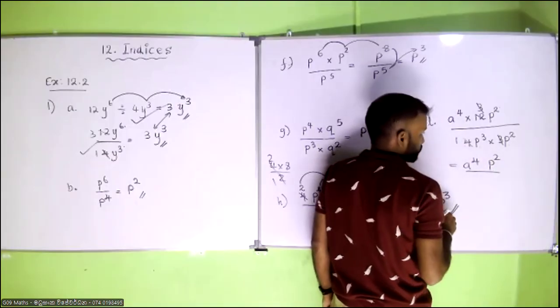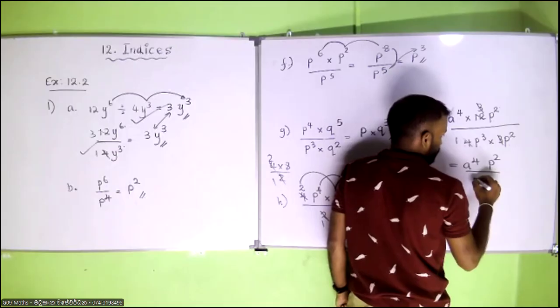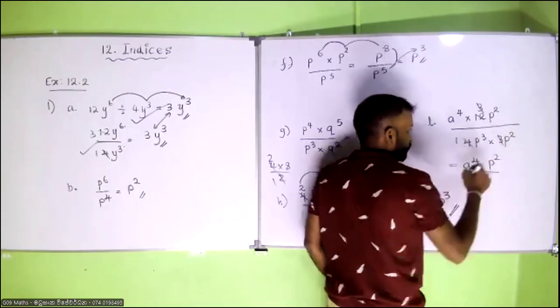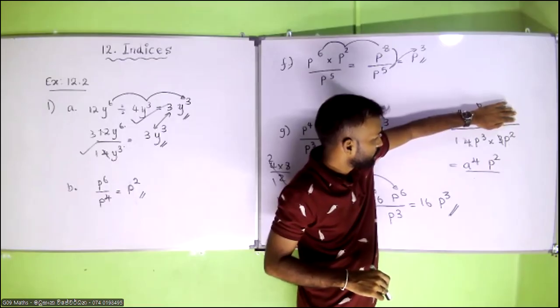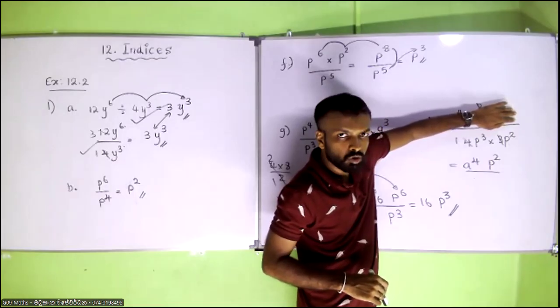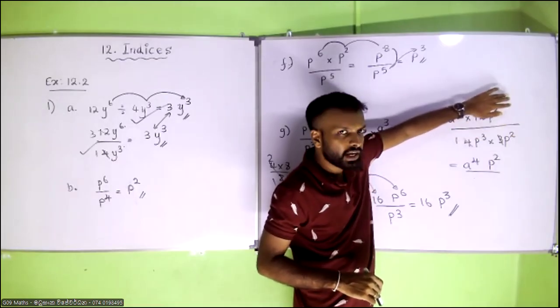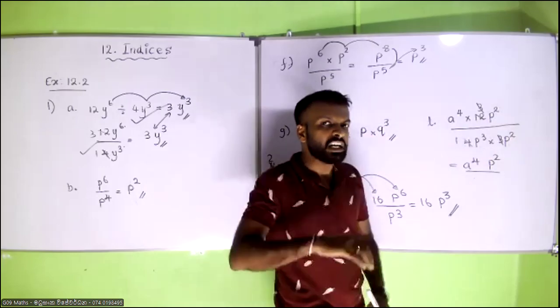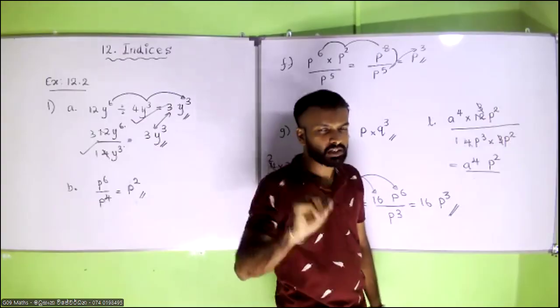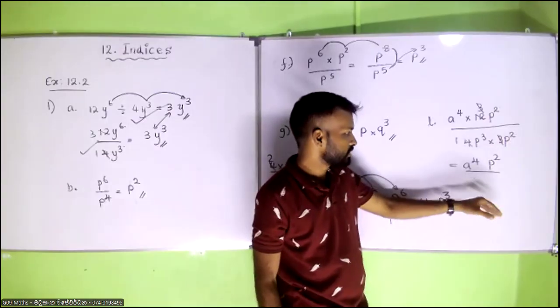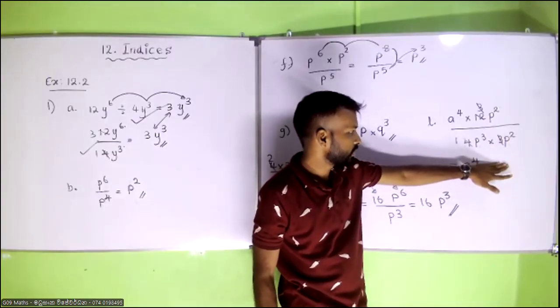Denominator P to the power 3 and P to the power 2. Are you going to simplify that, or are you seeing something different?